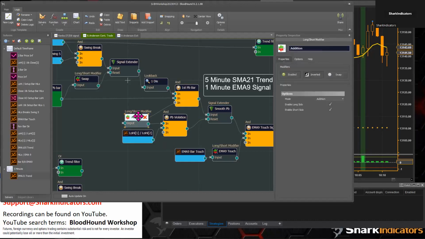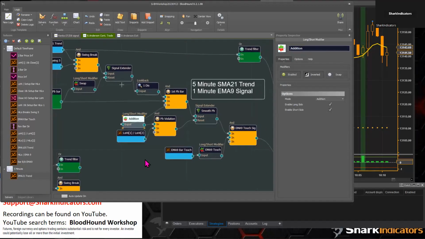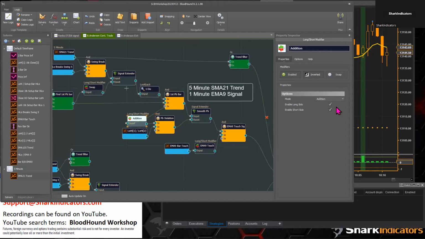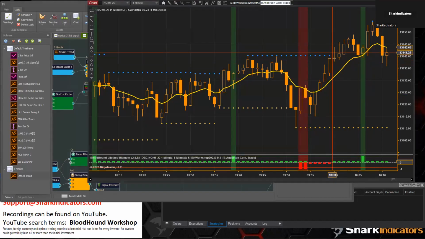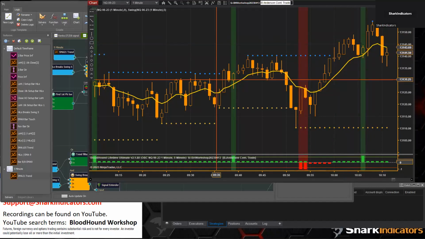All right, I think that does it. That breaks down how we were able to provide for this continuation and the smooth pullback.